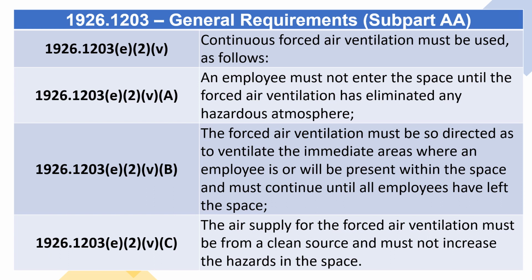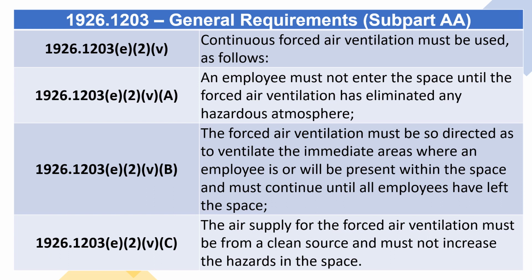1926.1203(e)(2)(vi). The atmosphere within the space must be continuously monitored unless the entry employer can demonstrate that equipment for continuous monitoring is not commercially available or periodic monitoring is sufficient. If continuous monitoring is used, the employer must ensure that the monitoring equipment has an alarm that will notify all entrants if a specified atmospheric threshold is achieved, or that an employee will check the monitor with sufficient frequency to ensure that entrants have adequate time to escape.